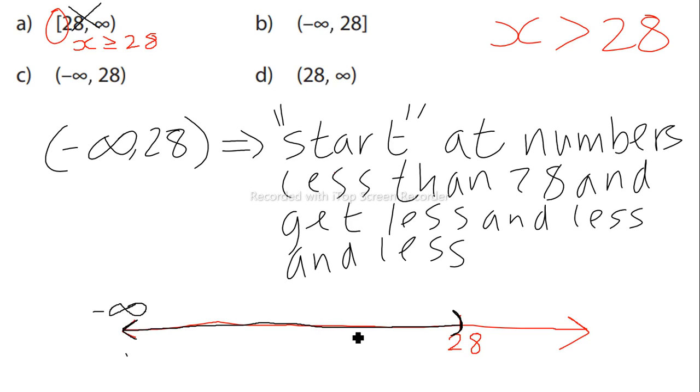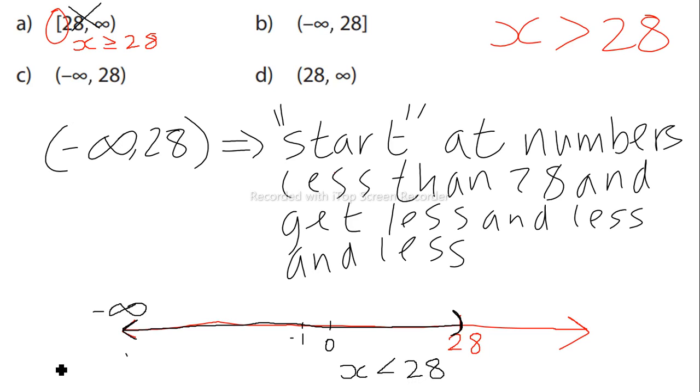Values in here are going to be less than 28. Say 0 is here, negative 1 is here, and so on. We're getting lower and lower. Any number in this set is going to be less than 28, strictly less than 28, because we do not include 28.